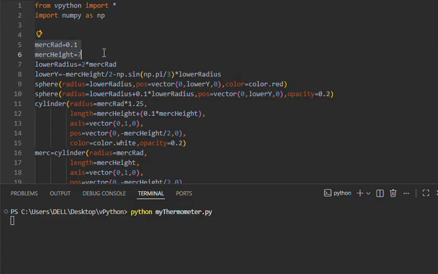And what I ended up doing was deciding that I wanted the cylinder to interact with the sphere at an angle.